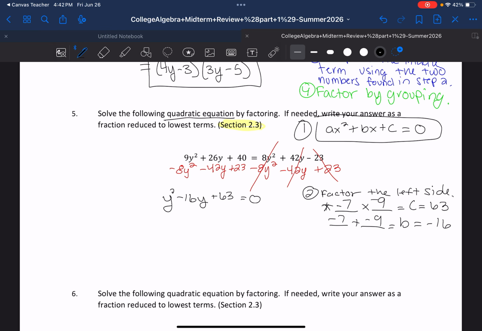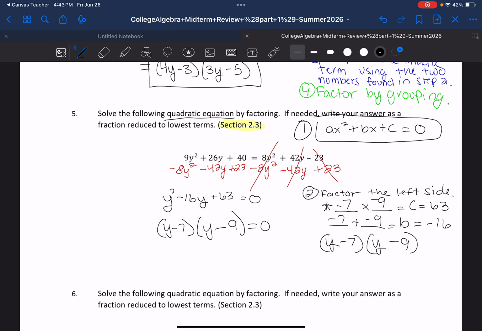Now what makes this easier is that I don't have to replace the middle term here with my two numbers and then factor by grouping. When a is equal to 1, you can just go straight to this factor, put your variable, which is y, and then fill in the numbers that you just found, negative 7 and negative 9. So that is what this factors to. Y minus 7 times y minus 9.